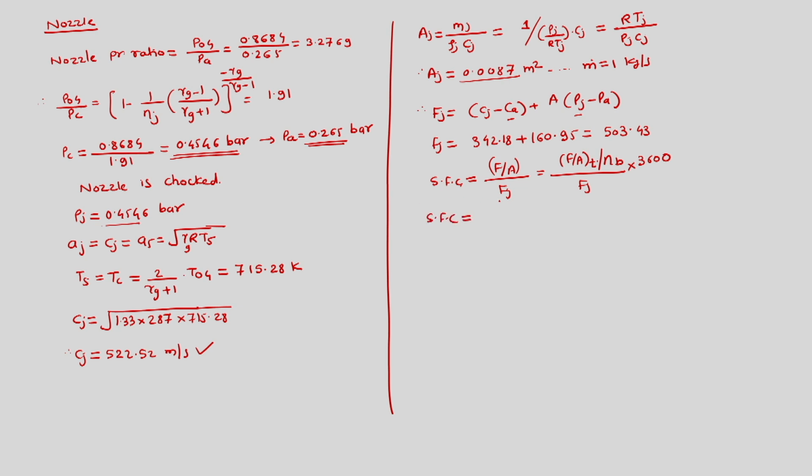So SFC is equal to 0.137, which is given as fuel air ratio, that is fuel flow rate for unit mass flow rate of air. In the bottom we have specific thrust, thrust per unit mass flow rate, divided by combustion efficiency into Fj into 3600, and this value turns out to be 0.099 kg per hour Newton. So this is the example we are trying to solve.